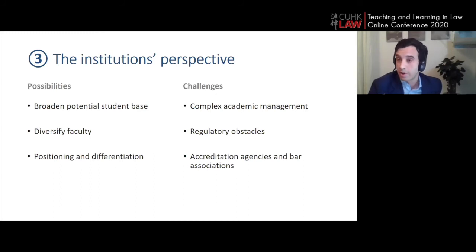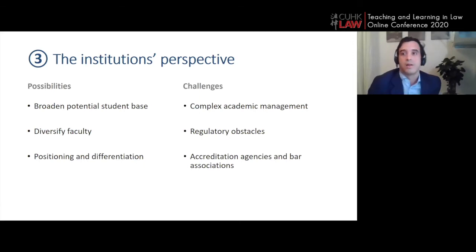Just to give you the Spanish example, there is no rule in Spanish higher education law saying that law degrees should deal with Spanish law. But this is something that is taken for granted by regulators and by supervisors. So it can definitely be a problem when it comes to having these programs approved.